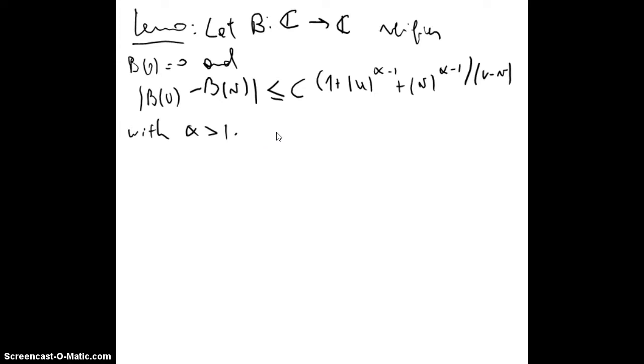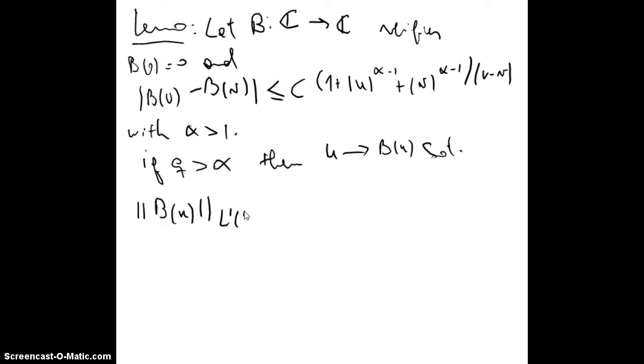Okay, so if q is greater than α, then the application, let's say u that goes to b(u), satisfies the norm of b(u) in L^1(0,t) of L2 is less than or equal to C t^{1 - α/q} times the norm of u in X_t to the α.